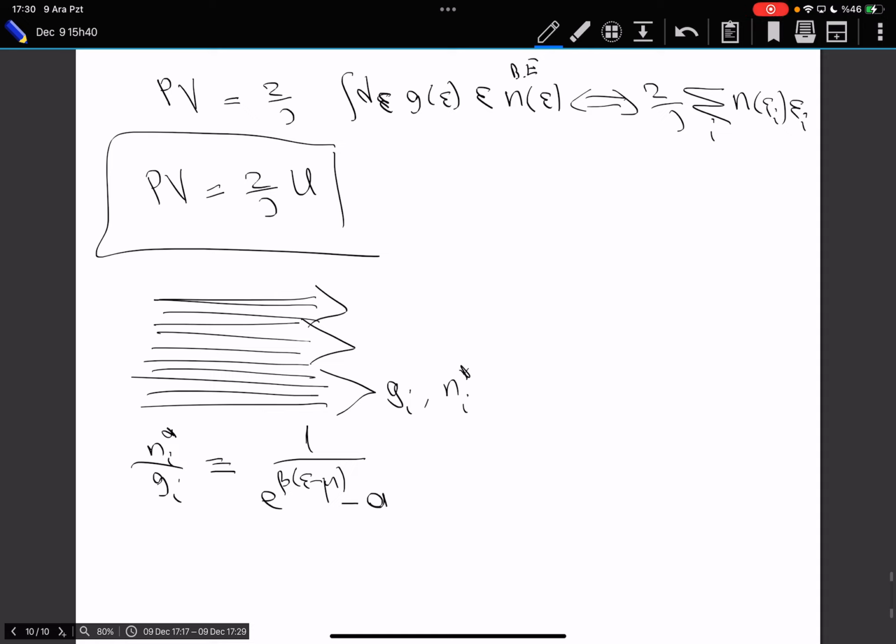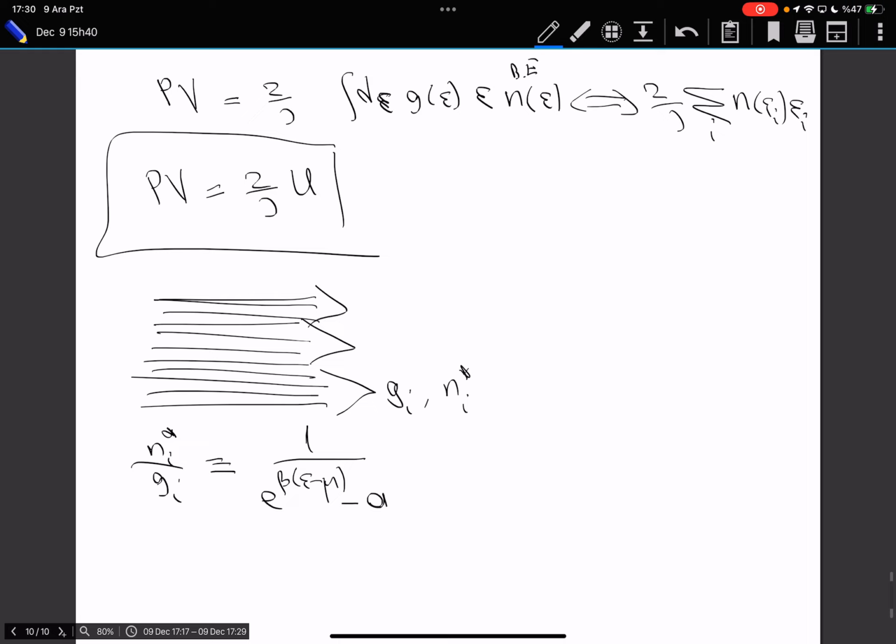Because since they all have the same energy, there is no reason why one should have more or less particles than the other one. But still, the total number of particles is restricted to N, right?